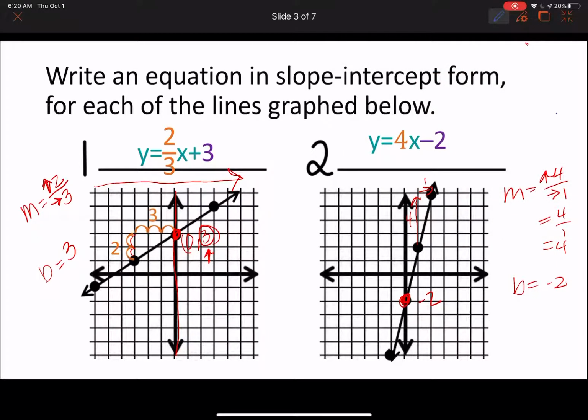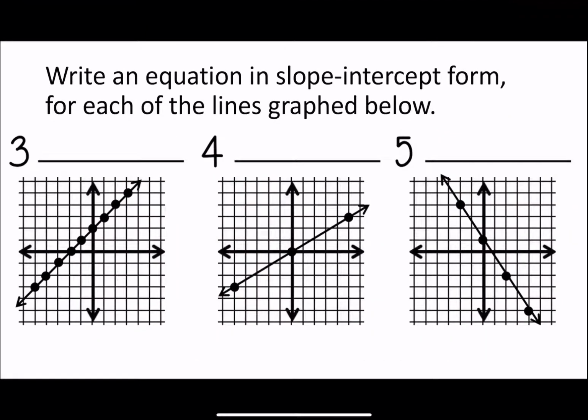All right, let's keep going. We're going to write an equation in slope-intercept form for each of the lines graphed below. So I want you to go ahead and pause the video and do these 3 on your own. Just notice that this one's going to be a positive slope, and this is going to be a negative slope.